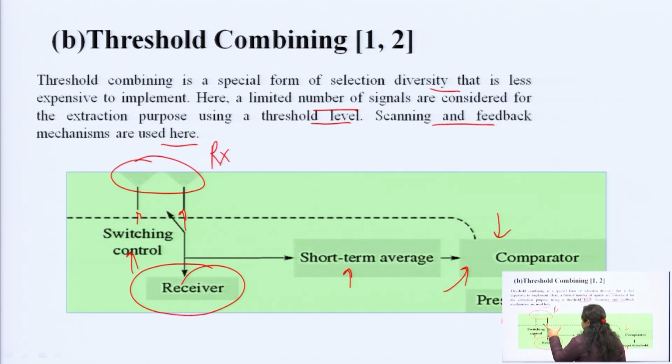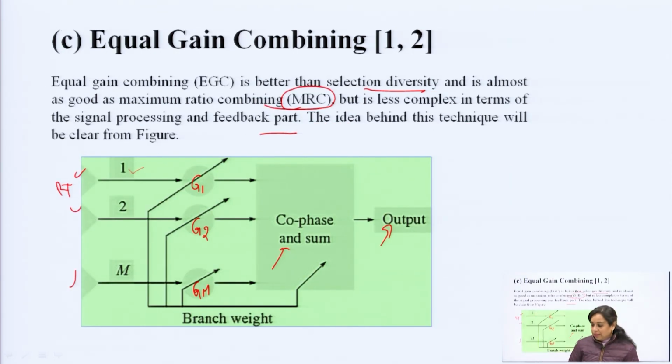So, there are n number of antennas connected at the receiver side. Next, we have seen the equal gain. In this, all the gains have the same value, so m number of branches have the same gain value. Now, this is passed through this co-phase and sum channel. Now, this is applied as an output to this equal gain combining technique.